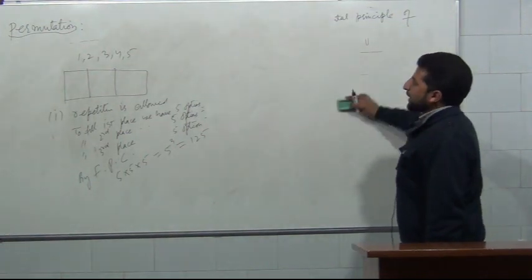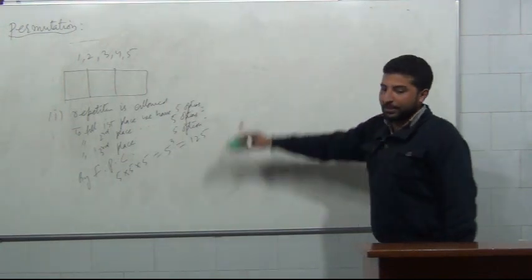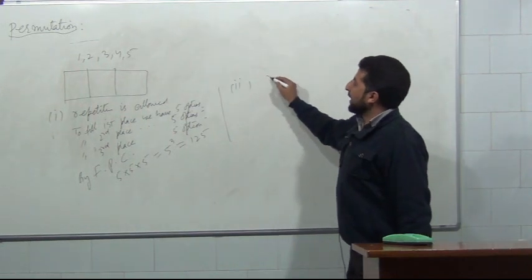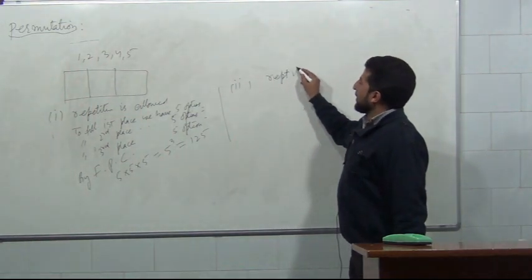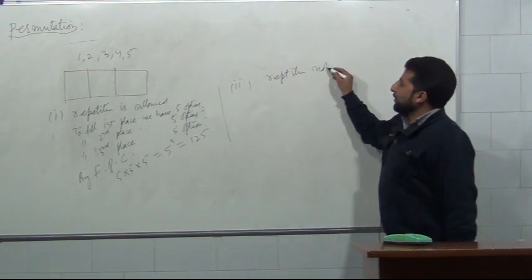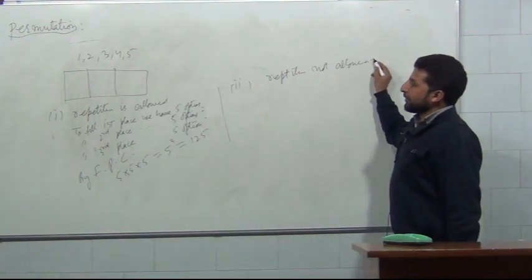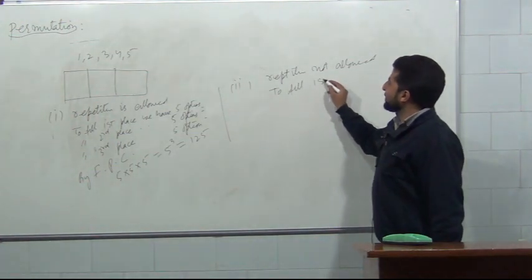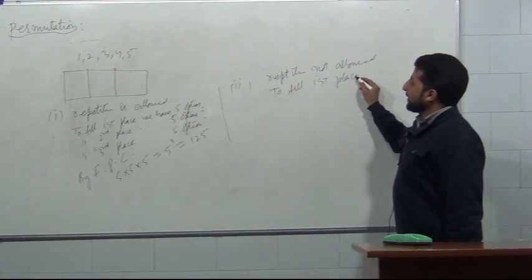Now, what will happen if the repetition is not allowed? We will say the second part is repetition not allowed. If the repetition is not allowed, to fill the first place, how many options do we have?